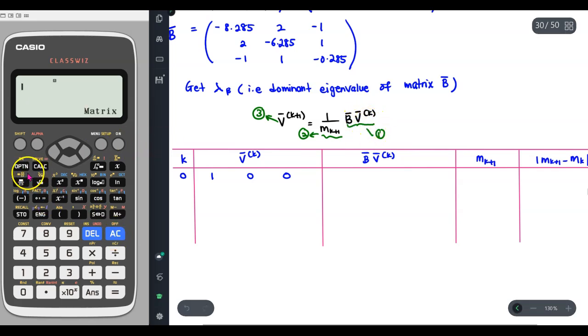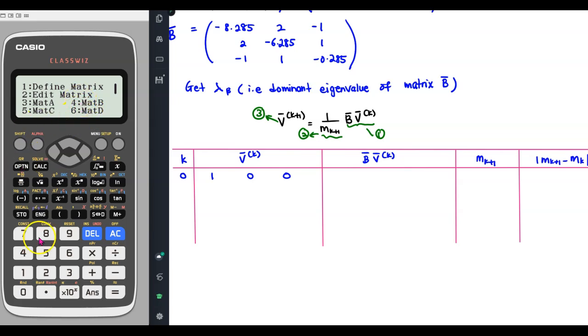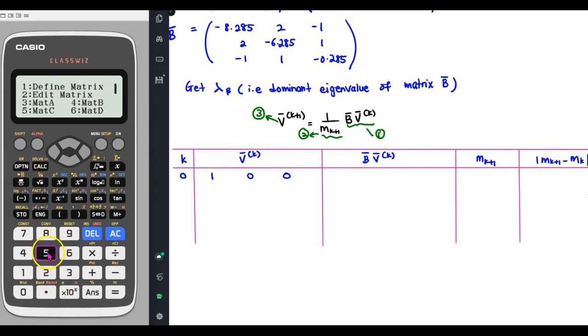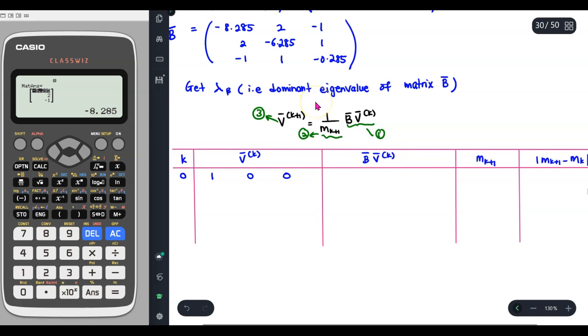So in your calculator, call matrix B, which is 4 here, times your Vk, which is your mat C in the calculator. So call 5 for the mat C. Okay, so now you have mat answer, which corresponds to the B times V in your table. Now you have negative 8.285, and then you have 2, and the last element is negative 1.